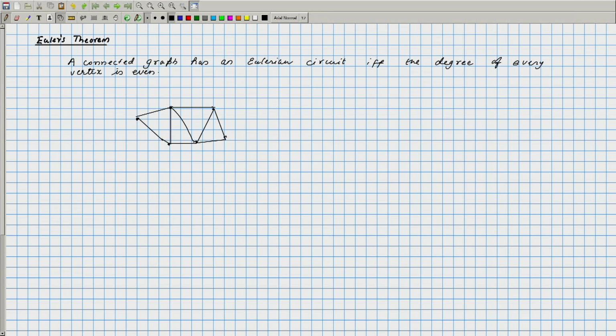But if we modify the graph, this particular graph will have an Eulerian circuit because the degree of every vertex is even. I am just writing down the degrees of the vertices, these are not the vertex labels.